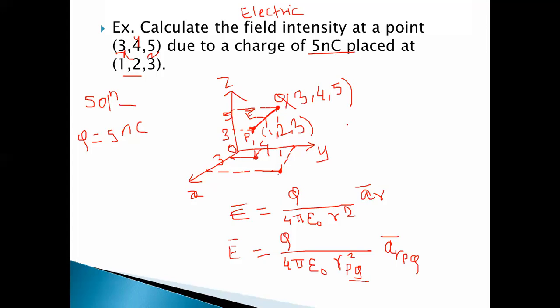These examples are asked in the examination, for 4 marks. They are very simple examples. If you understand Coulomb's law, you can easily solve the examples on Coulomb's law and also on electric field intensity.